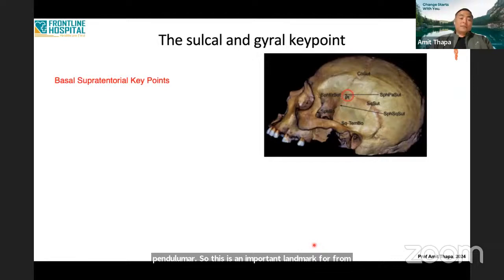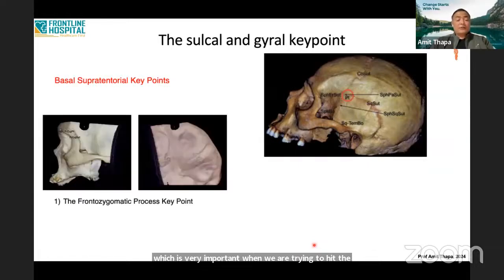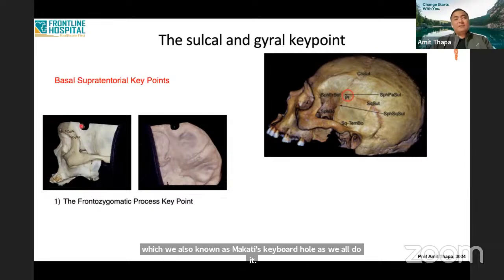Now, there are certain basal supratentorial key points, which are very important when we are trying to reach the anterior, middle, or posterior skull bases. It starts with the frontozygomatic process key point, which is also known as McCarty's keyhole, as we all do it. But there have been variations in the literature.